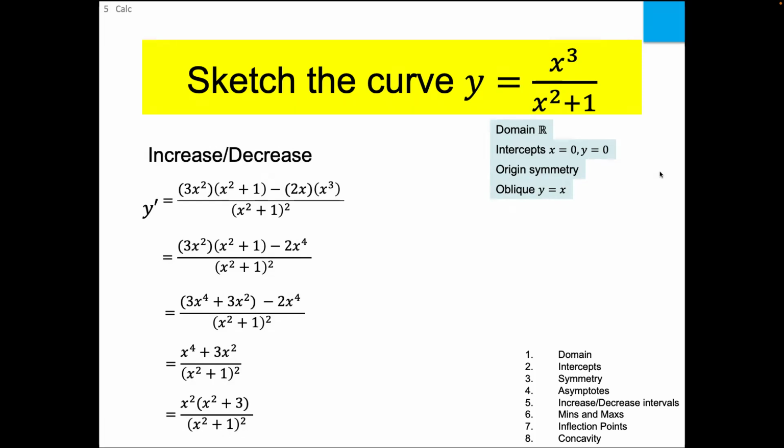Well, all we did was find the derivative. Now what? Set it equal to 0 and solve.